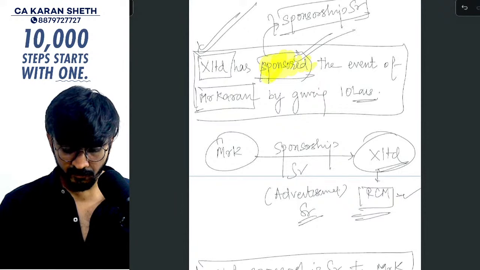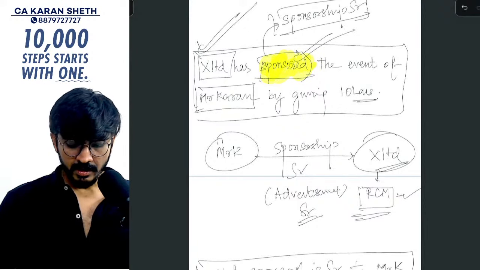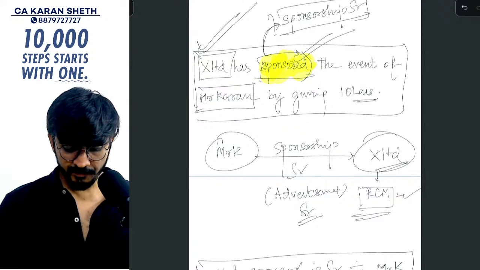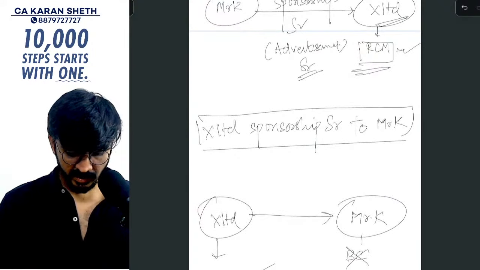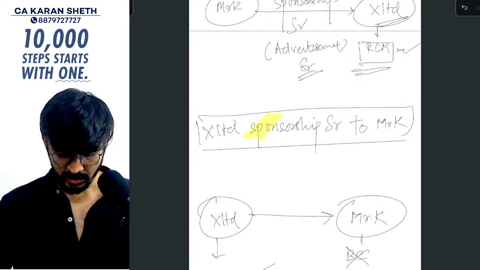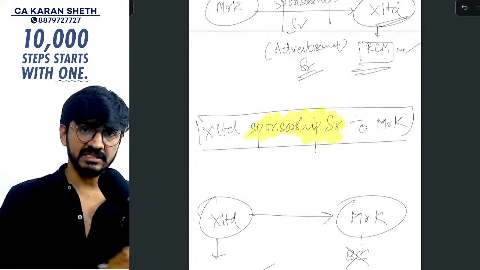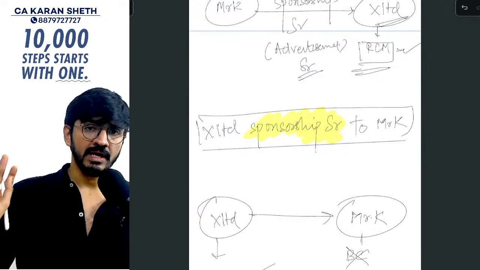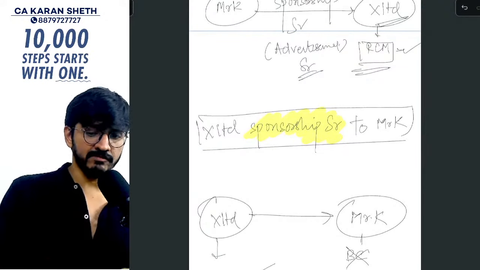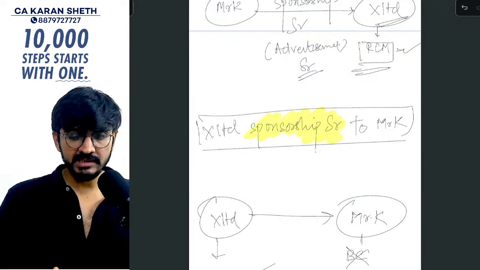When the word sponsored is used, you have to first figure out who is the supplier and who is the recipient. But if the words sponsorship service are used, then the stage is set. All you have to check is whether the recipient is a body corporate or partnership firm. If yes, then RCM. If no, then FCM. Is that very clear?